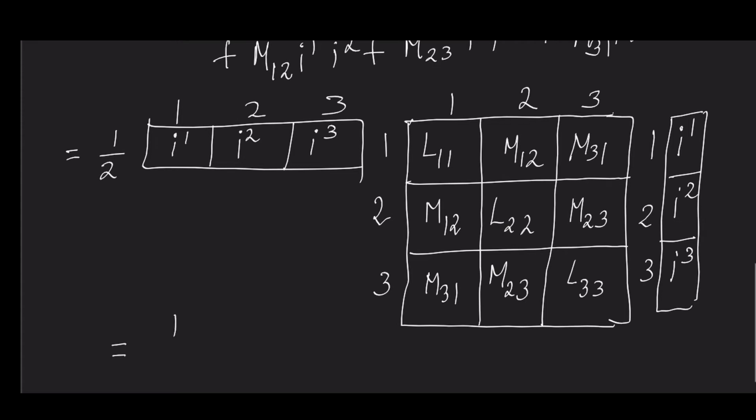So this gives us half. This is a vector I which comprises all this.